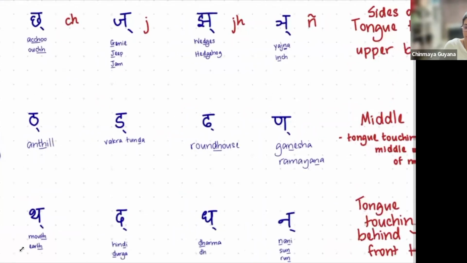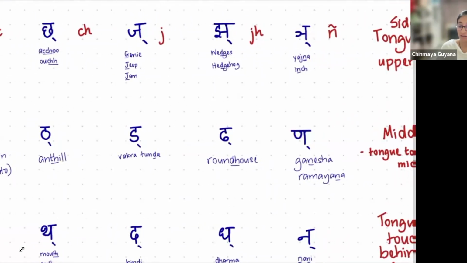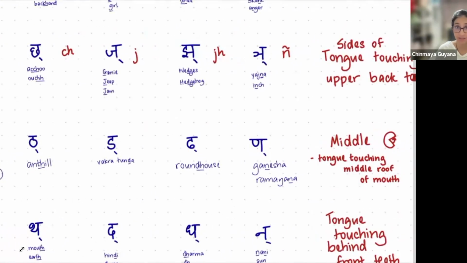Next comes the Indian line. Your tongue is touching the roof of the middle of your mouth, like our Pac-Man. And the sounds are ta, tha, da, dha, na. Ta is written T with a dot underneath. What do you think the next one will be?